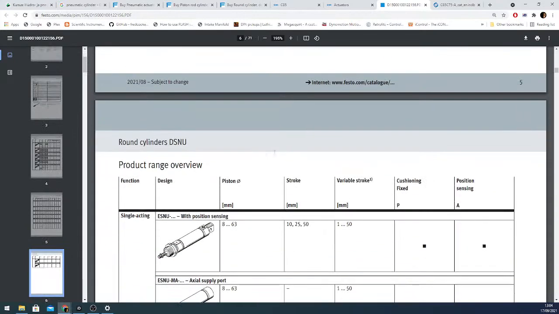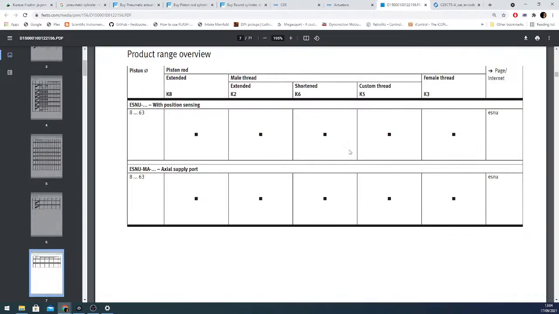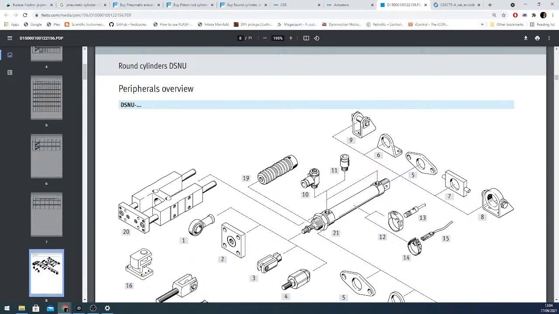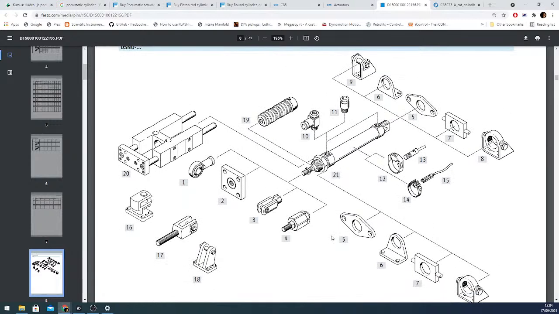Yeah, now there are different options. That's just showing us what kind of options all the different cylinders have, and what kind of accessories we can choose for the cylinder. And this page from this catalog is actually quite a nice overview of a cylinder in general.